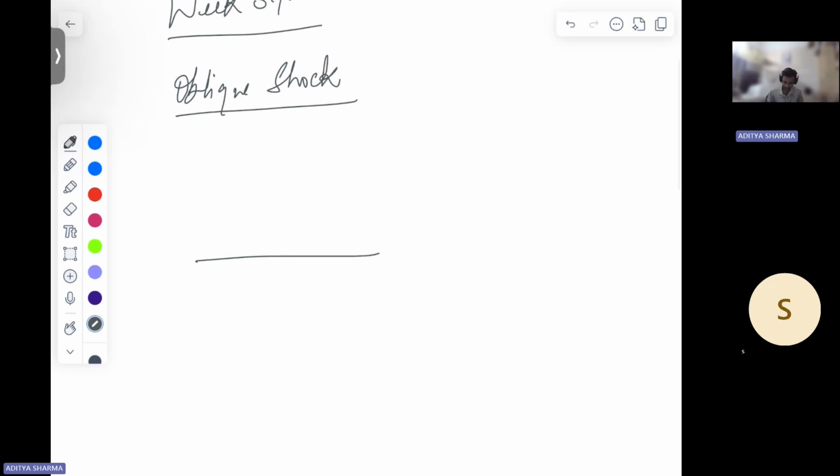So what we learned about oblique shocks is that if your flow is turning towards itself, so you have flow this way, and it is moving towards itself, this will give rise to an oblique shock wave. Oblique means, so this is straight, this is oblique, so at some angle.